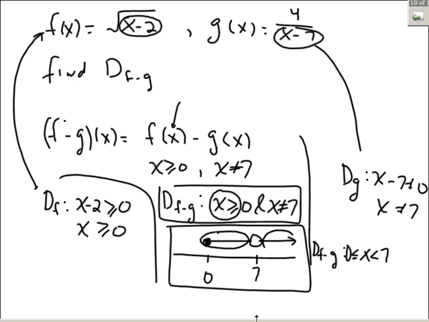The other piece, union, these numbers all have one property. They're all more than 7. And that's another way of writing the domain. It depends upon your instructor and textbook how you write your answer.